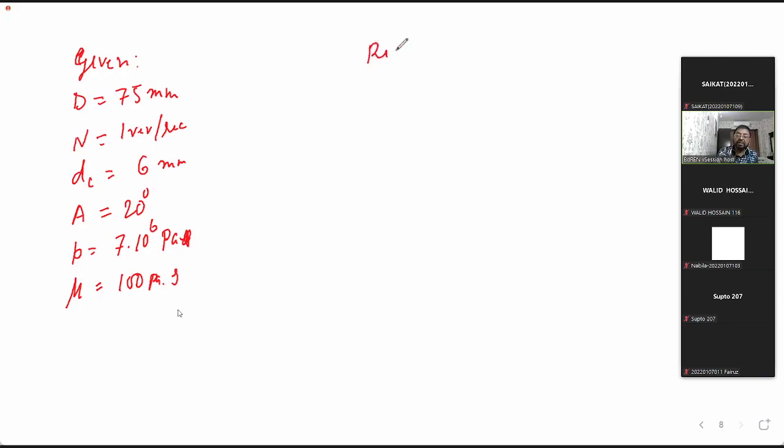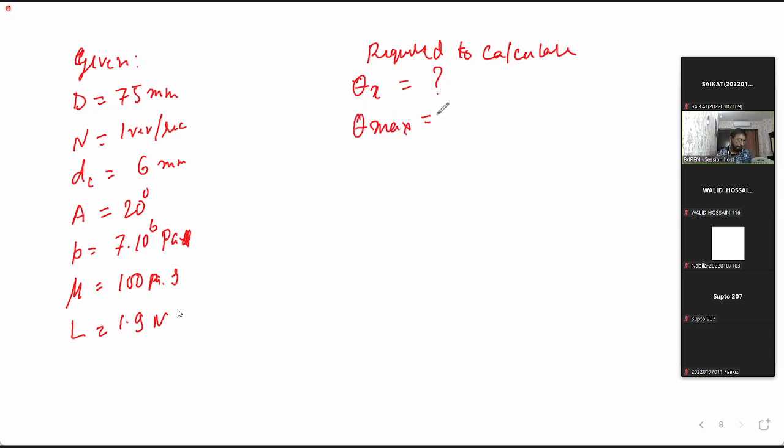So I require to calculate, through the L, L is equal to 1.9 meter. What do we have to calculate first? Number one, it is Qx. Then we have to find out the Q maximum. We have to find out the P maximum.